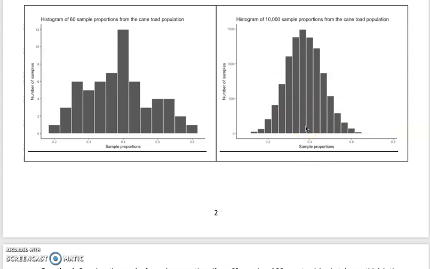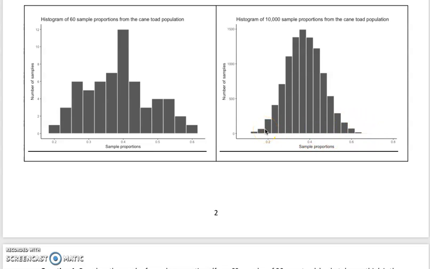And let's say I realize that when I take samples of 30 cane toads or students or Americans or apples, whatever it is that I'm talking about, the sample proportions kind of look like they're, in this case, from about 0.2 to 0.6, which tells me that most of the time, my sample proportion is probably within about 0.2 of the population proportion, if I assume the population proportion is somewhere in the middle here.